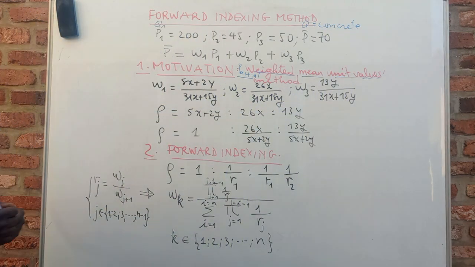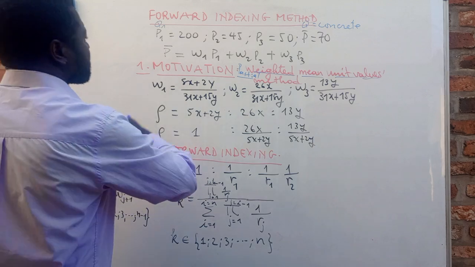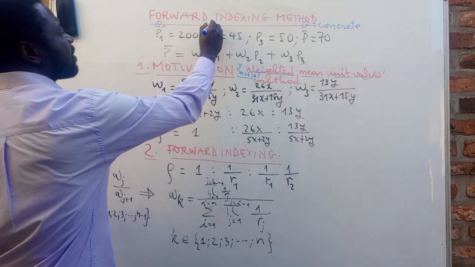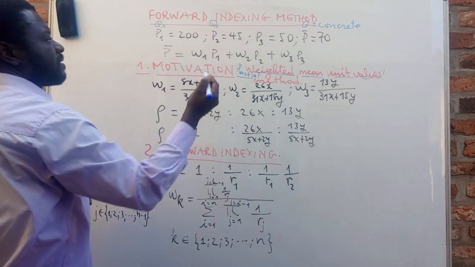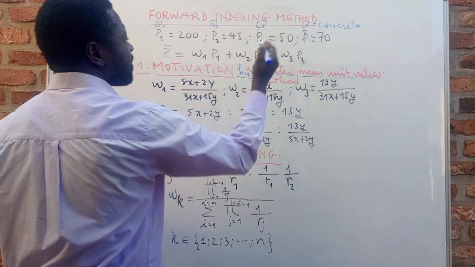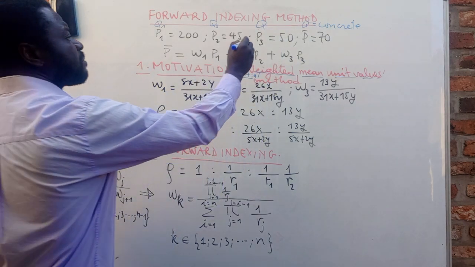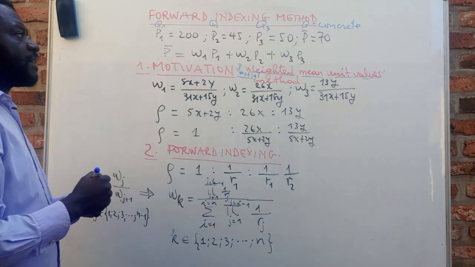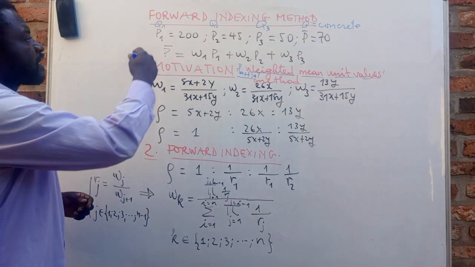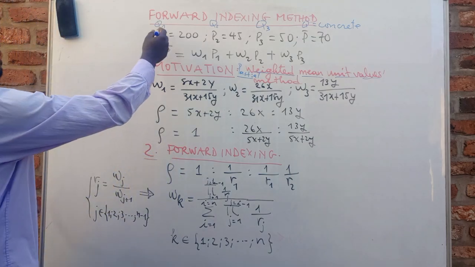From last time, the first component was cement, the second component is sand, and the third component, for example, is coarse aggregate.